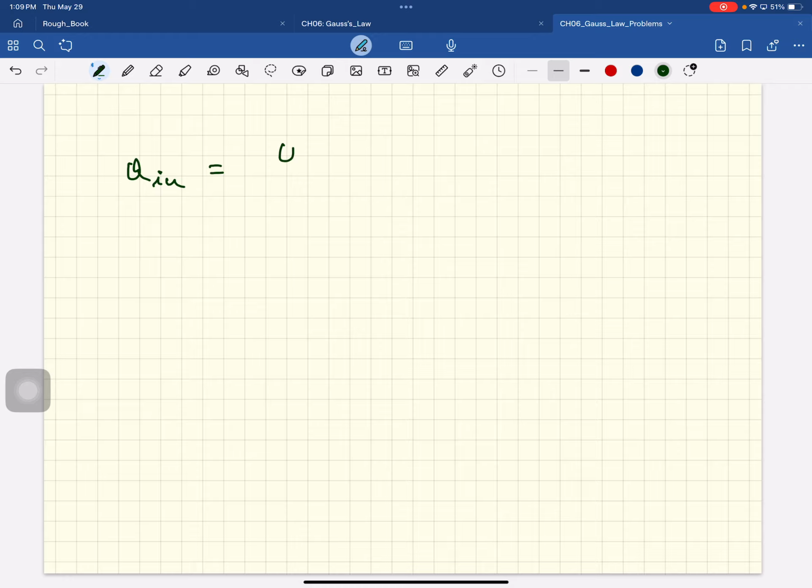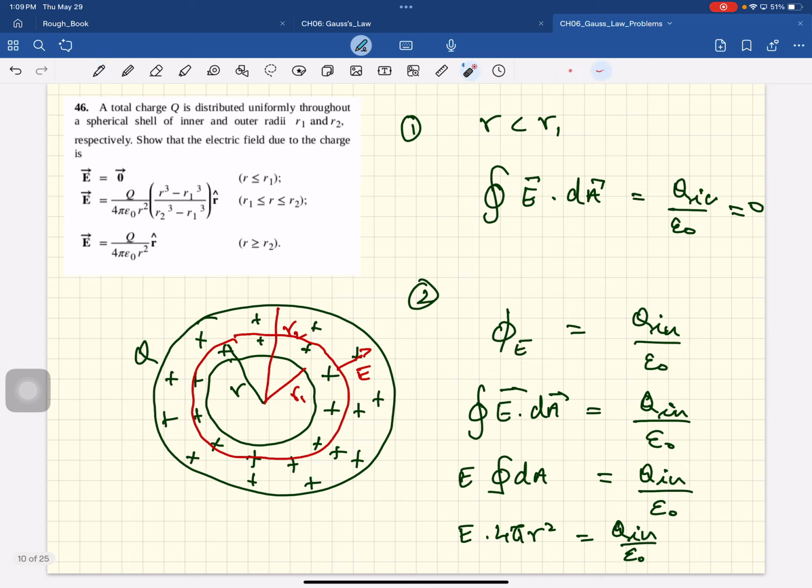The charge is equal to the volume charge density times the volume inside. The volume charge density is total charge over the volume of this shell. What is the volume of this shell? Whatever the outside volume is, minus whatever the inside. Very good.